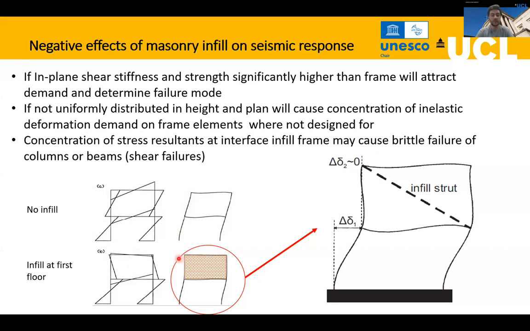But when you add an infill over here, which is pretty common, to leave the first floor, for example, as a garage or as any commercial activity, then all the deformation will be happening only in this first story, and you will have the soft story mechanism that we saw previously in the Turkey earthquake.